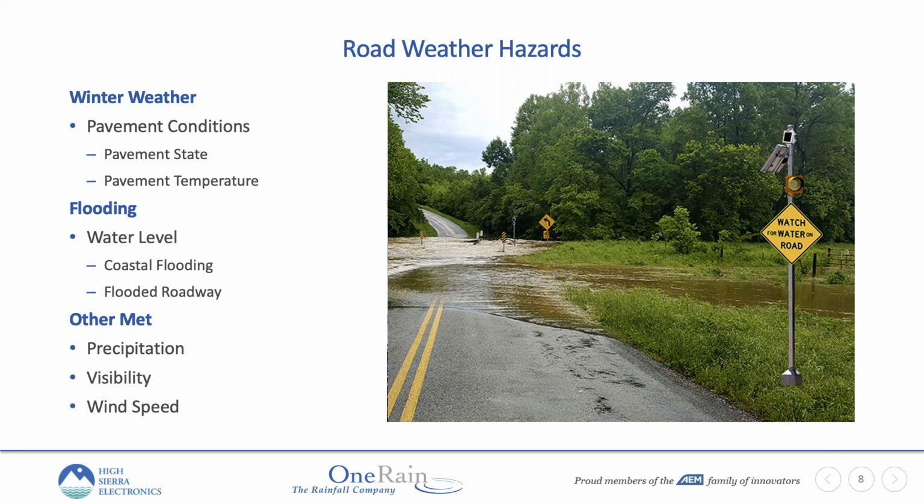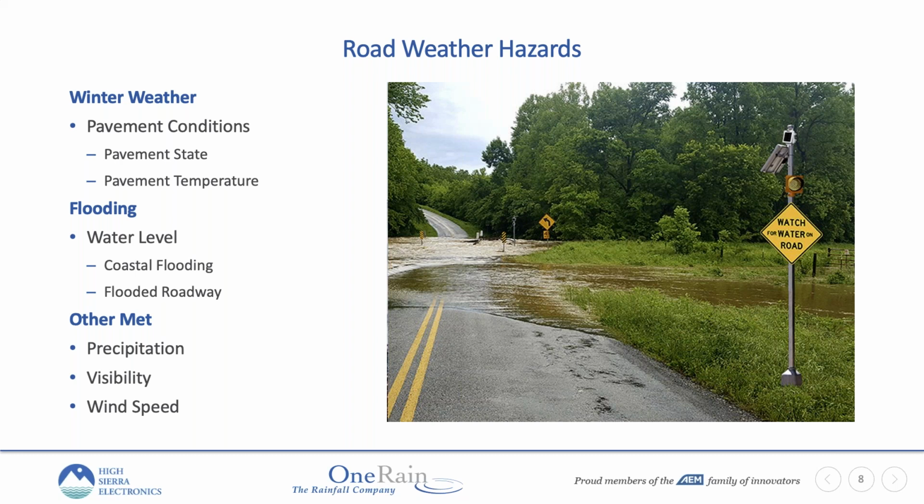Water on road and the water level has a huge impact on traffic throughput and road closures and overall efficiency of road networks to operate. And these can be from simple coastal flooding or nuisance flooding all the way to flooded roadways where we have swift water going over a road. And we'll talk about this in a lot more detail.